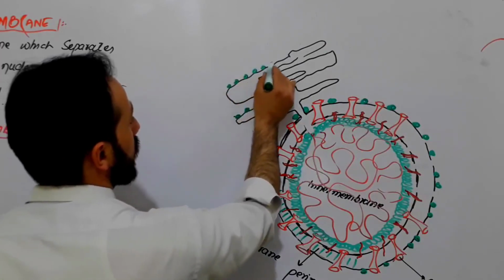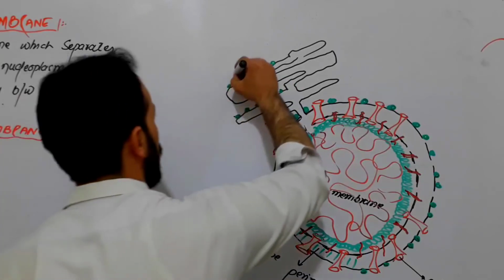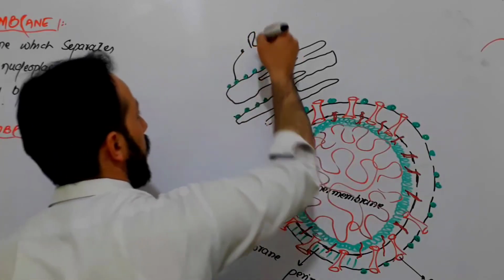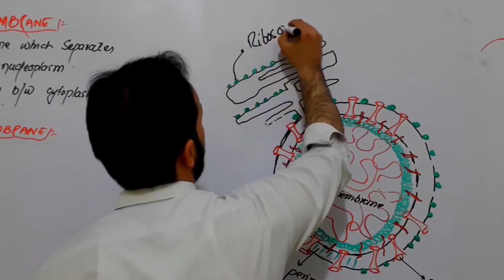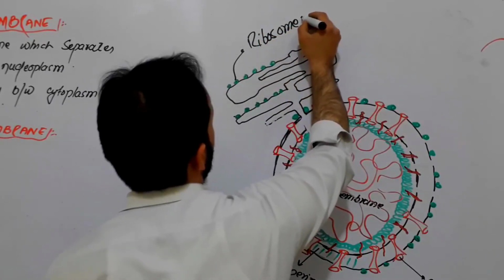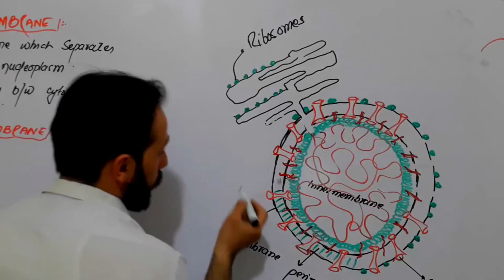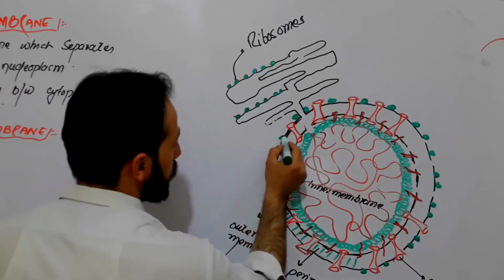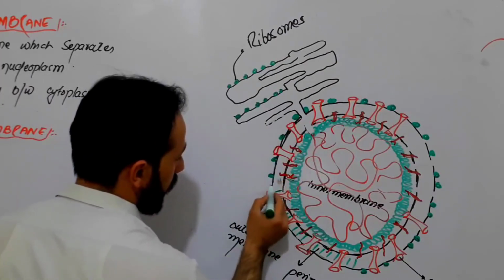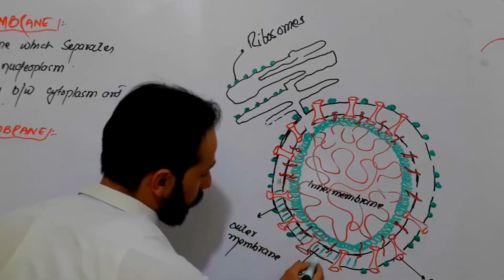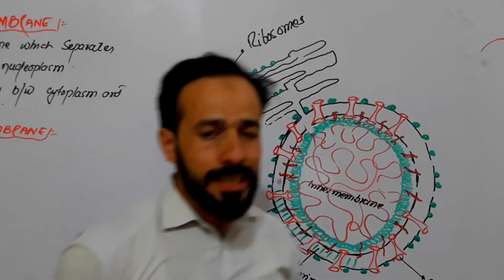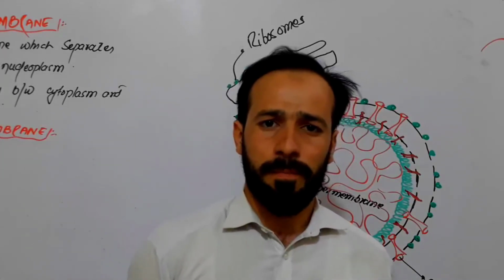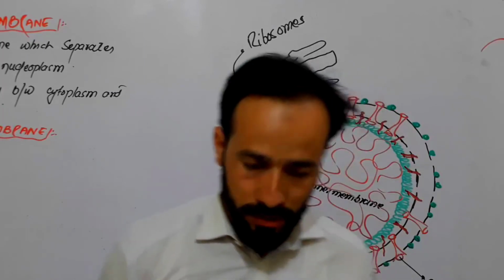So let me write them here as attached ribosomes. And you can see here that the outer membrane of the nuclear membrane also has ribosomes attached to it. So we say that the outer membrane resembles the endoplasmic reticulum.